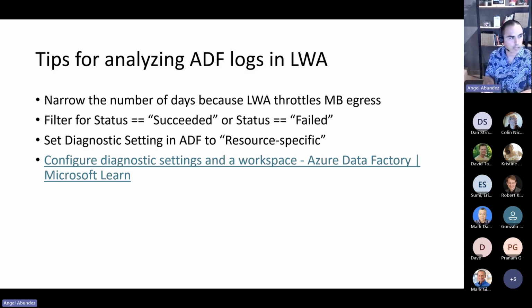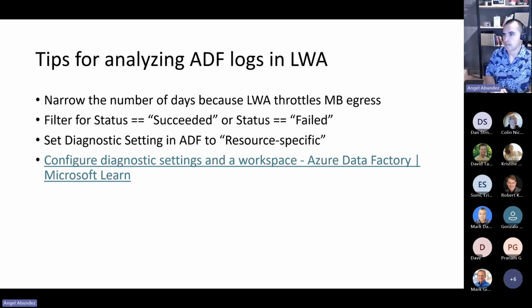It started off as 18 days, but slowly we started adding more and more pipelines. So we had to cut back more and more, because when Log Analytics cuts you off or throttles your egress, you don't get all the logs, and it may look like you're missing pipelines. So just be careful of that.